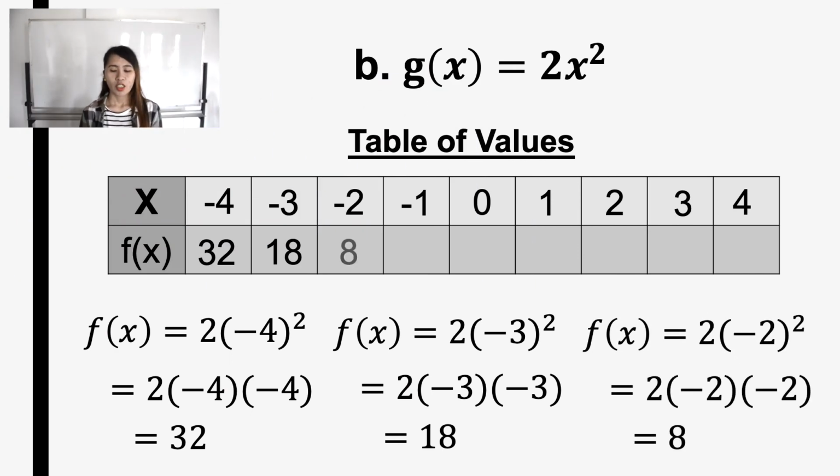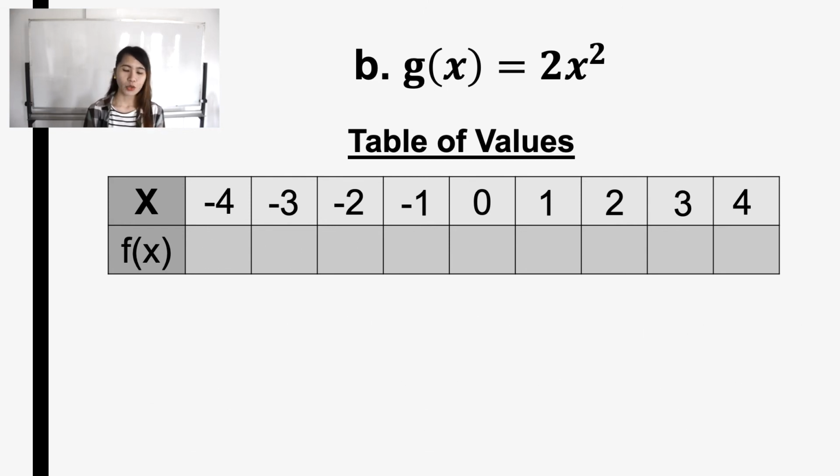Next one, g of negative 2 is equal to 2 times negative 2 squared, or we can also write it as 2 times negative 2 times negative 2. Our answer will become positive 8.